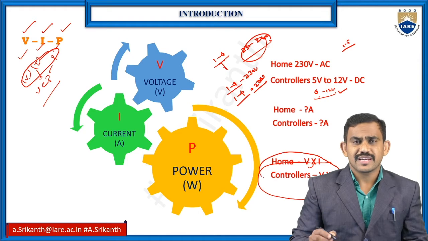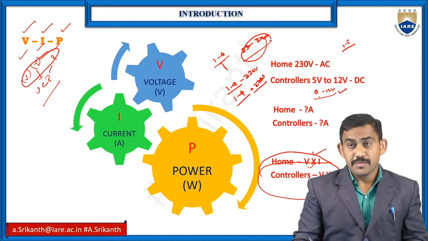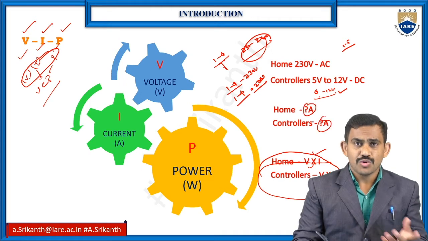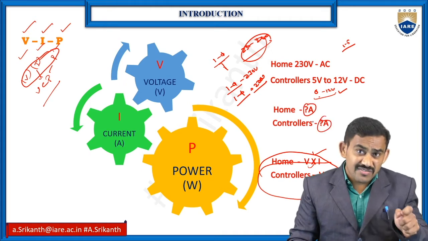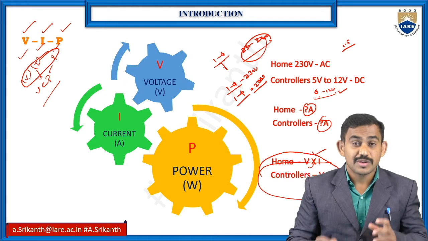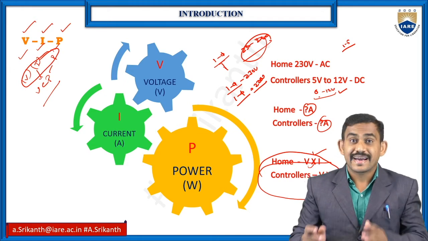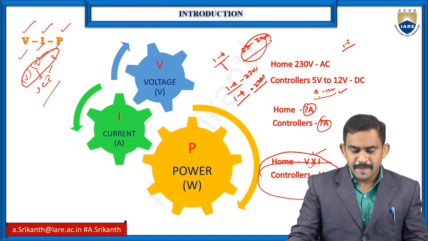Coming to power, we know that it is voltage into current. But what is the current value here, in the home as well as the controller? The current value depends upon the load. Depending upon different loads, the current value will change.